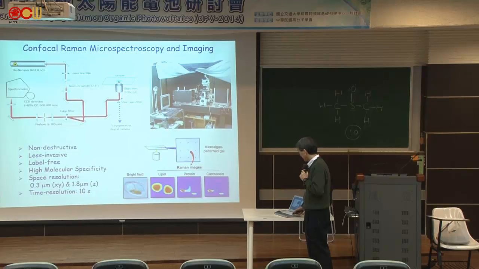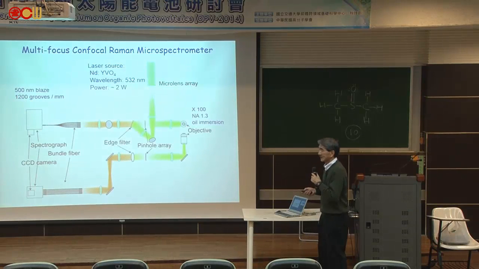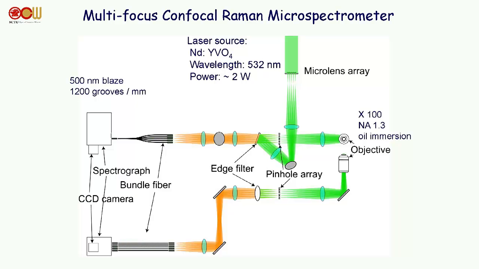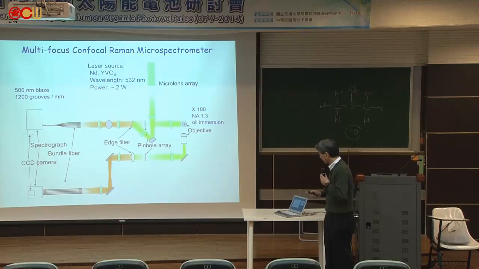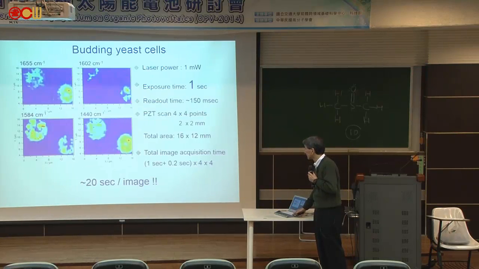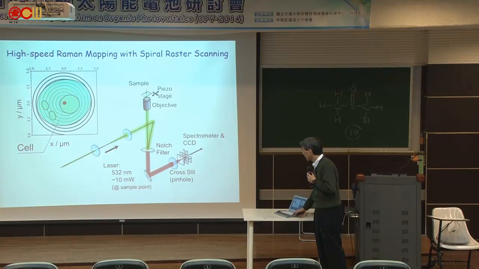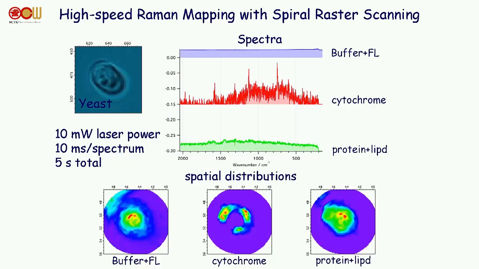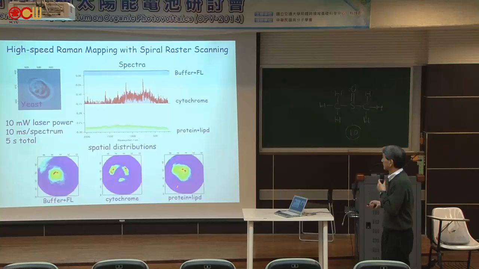Very good. So we actually constructed many advanced systems of Raman microspectrometer, but I'll skip these stories in detail. That's too specialized. But I can tell you that nowadays we can get this kind of molecular imaging in 5 seconds.